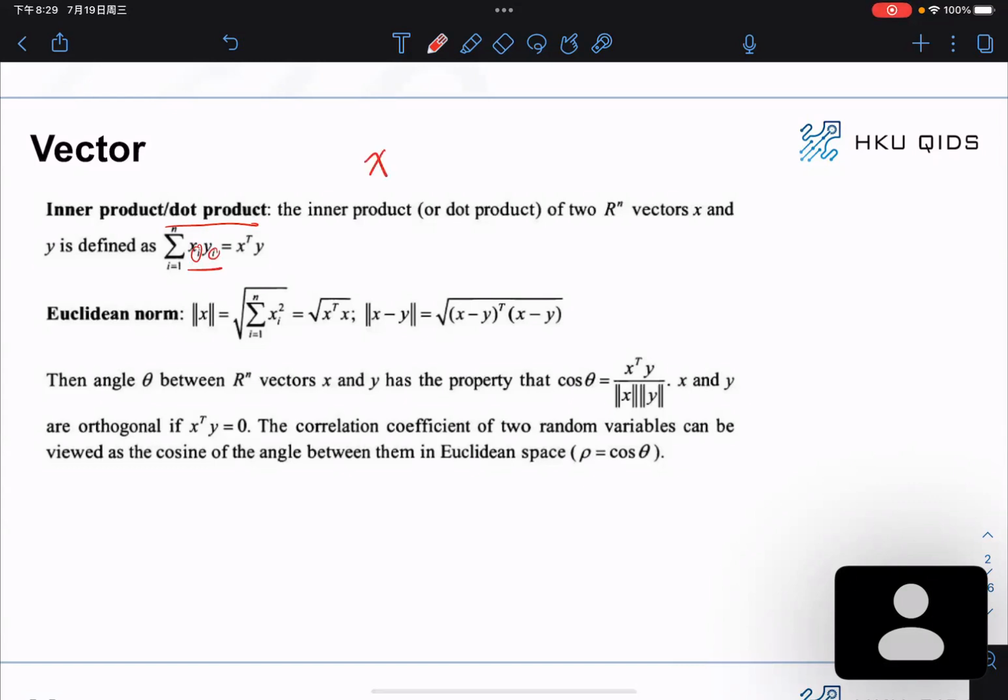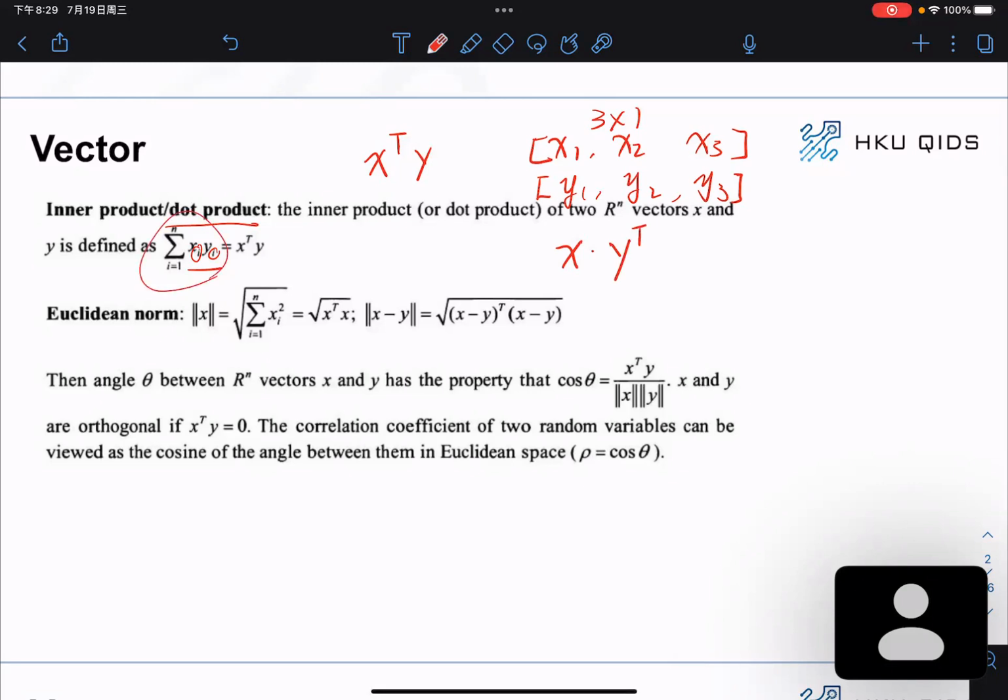So we can write it as x^T y. If we have x1, x2, x3 as a 3 by 1 matrix, and another one y1, y2, y3, then y^T x is going to be the same as the left-hand part.